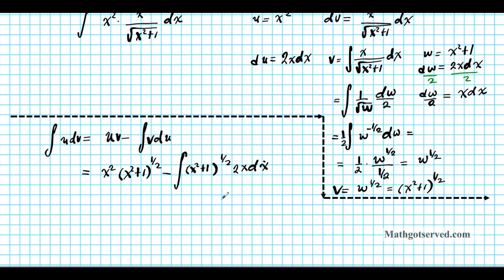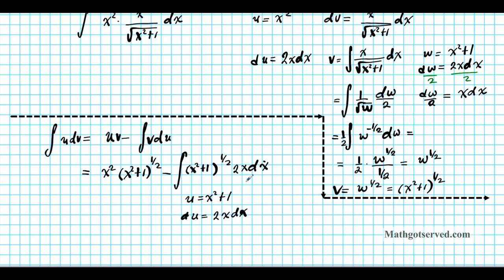To do that, we're going to call u the inner function of this composite function right here, which is x squared plus 1. And then du is going to be 2x dx. This is a perfect case because we do not have to divide by anything. This du right here is a perfect replacement for this 2x dx piece.